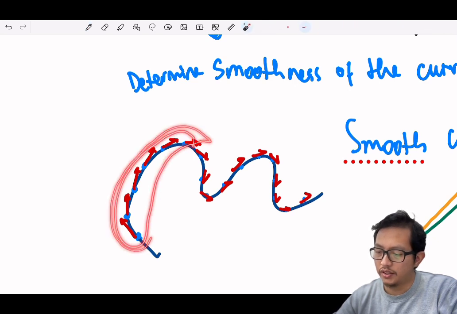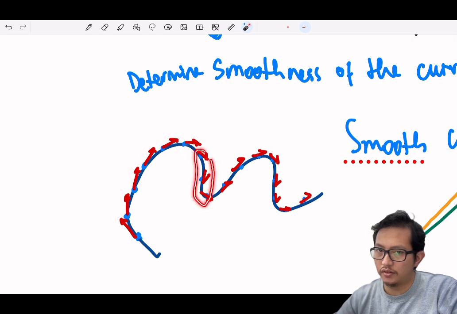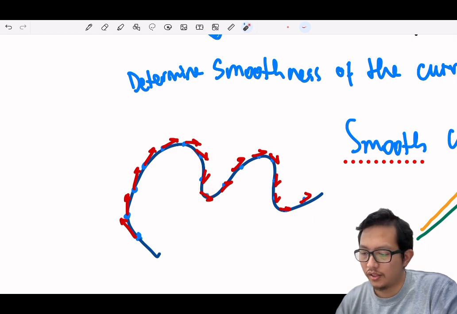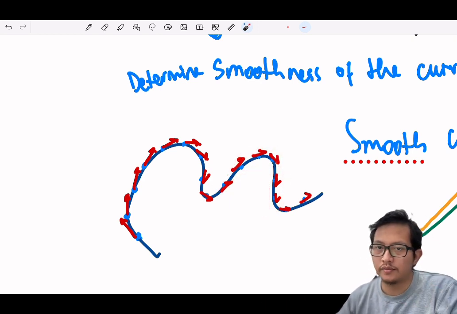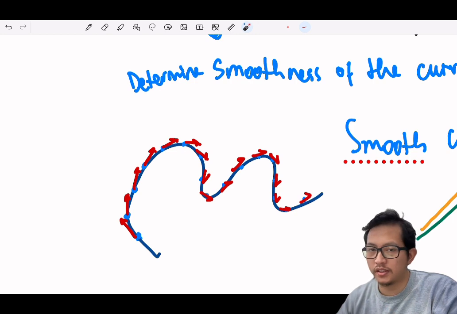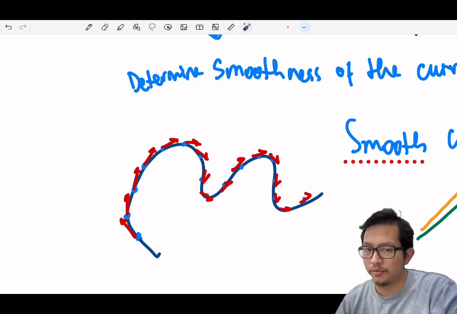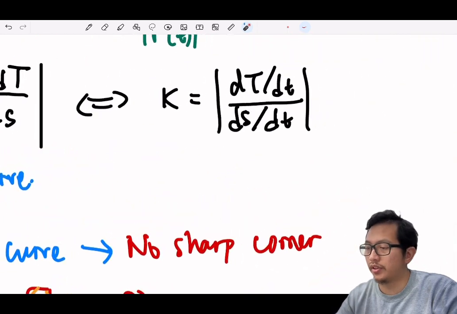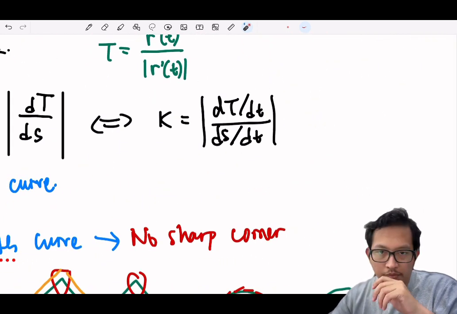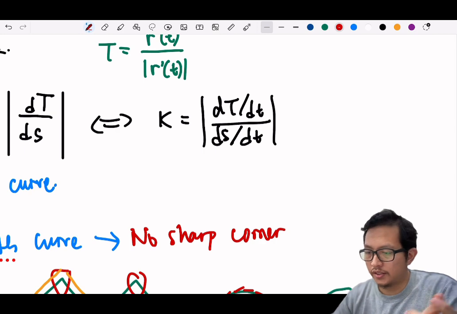But then suddenly it changes quite rapidly, so it twists more sharply, and then here it goes smooth, nothing changes, and then it changes really rapidly. So from the visualization, you can see whether the curve is rough or smooth.